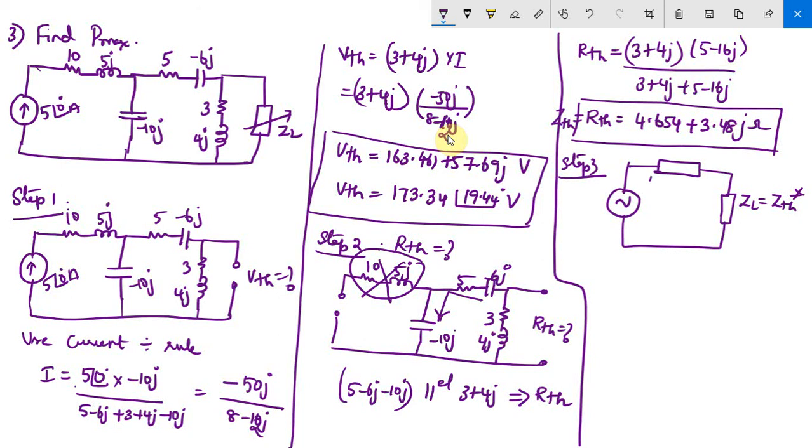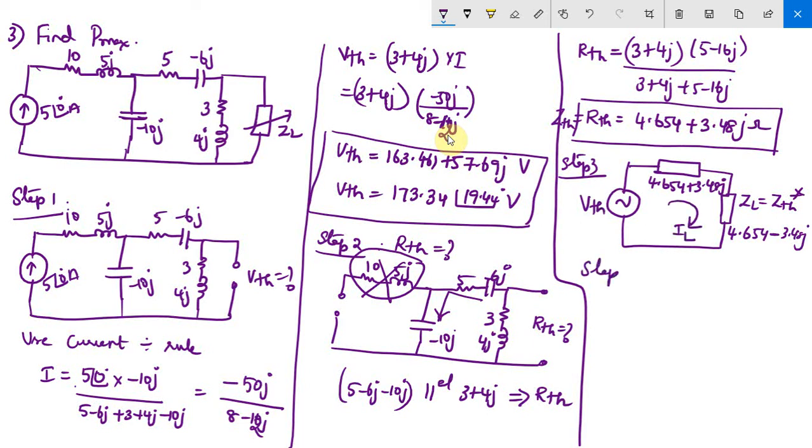Thevenin's impedance is 4.654 plus 3.48J. So what is the load impedance then? Complex conjugate, so plus should be converted into minus. We get 4.654 minus 3.48J as the load impedance, and the current flowing through your load is IL, right?